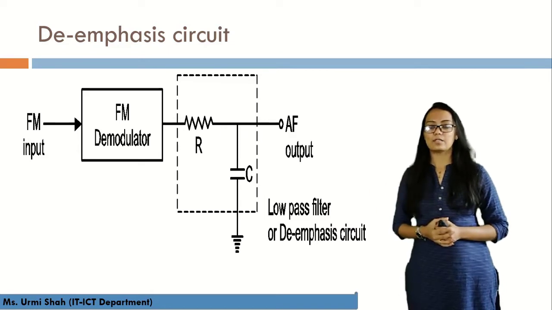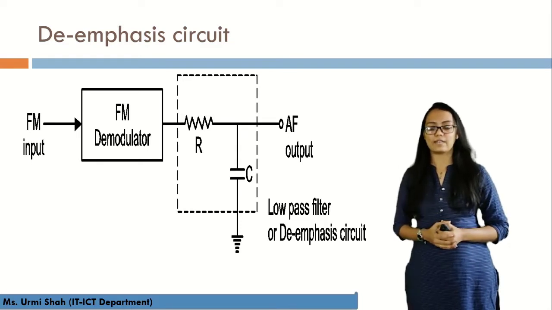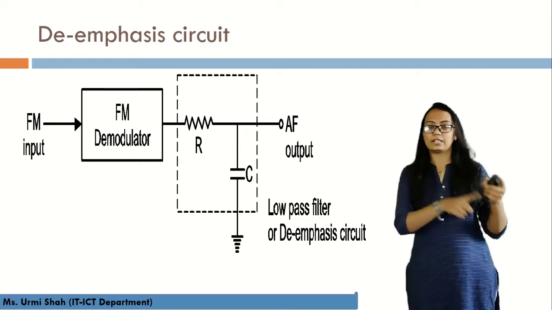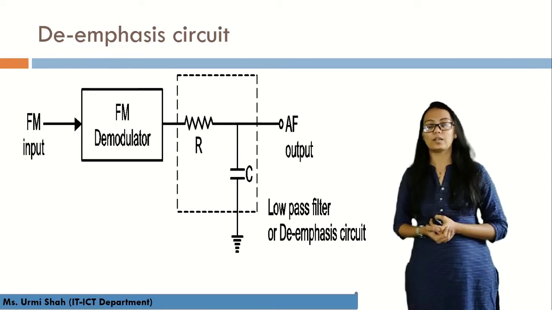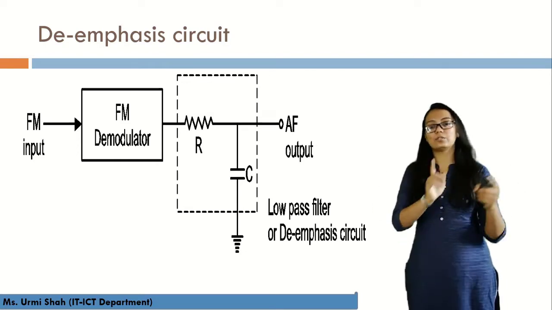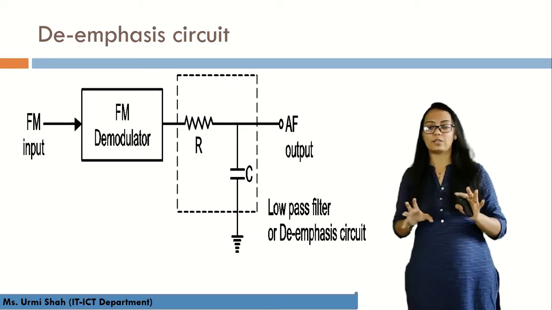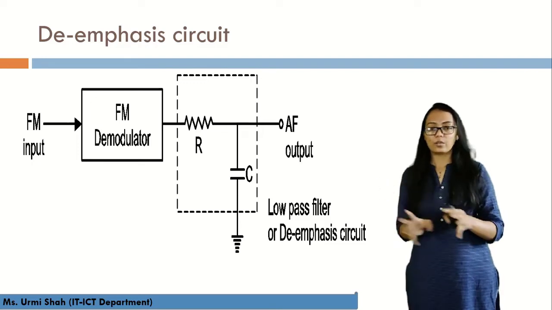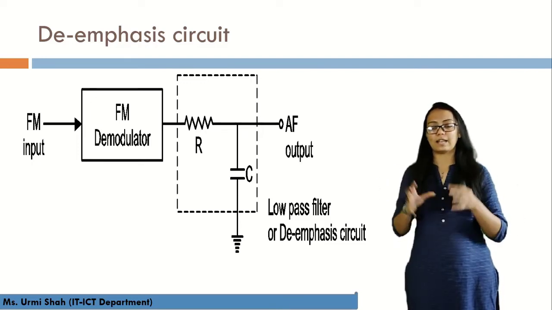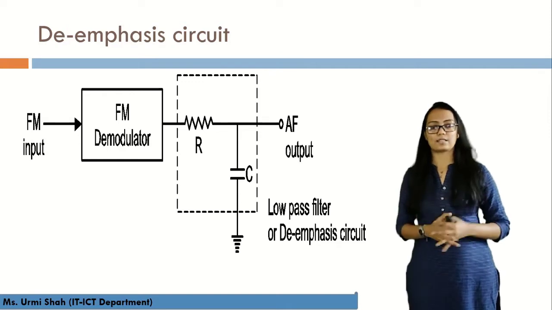This is the circuitry for the de-emphasis process. Basically, in the de-emphasis process, we will have the FM modulated input, that is the FM input. That FM modulated input will first pass through the FM demodulator. The FM demodulator will pass it through the low pass filter, such that the high frequencies we had added by the frequency up conversion will be neglected, and the low pass filter is going to pass only the lower frequency ranges which were included in the message signal.